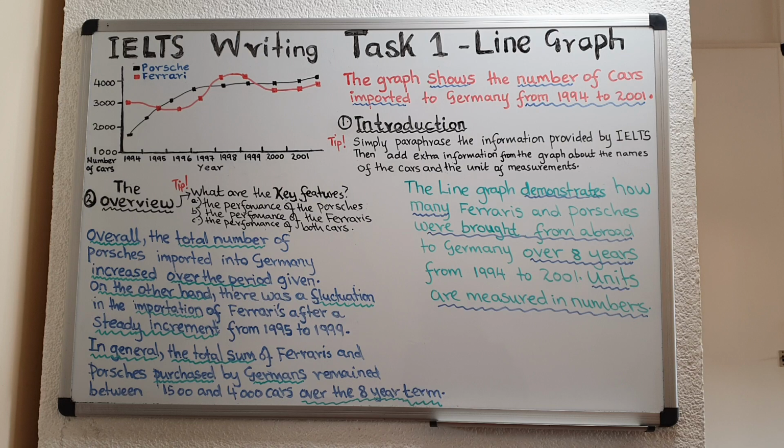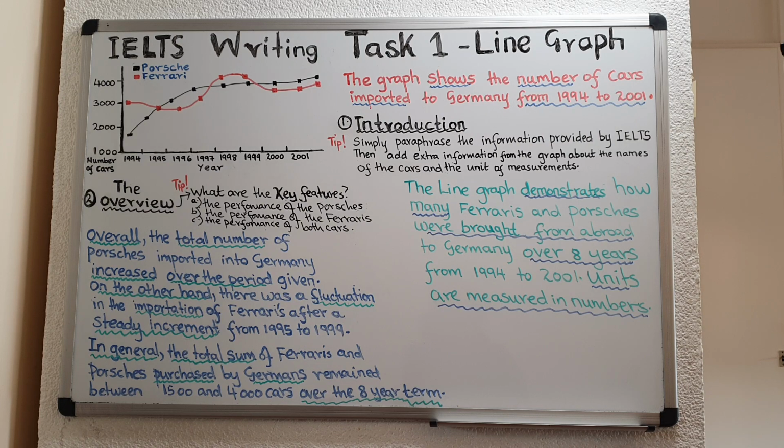So we have talked about the Porsches. Now let's talk about the Ferraris. On the other hand, there was a fluctuation in the importation of Ferraris after a steady increment from 1995 to 1999.